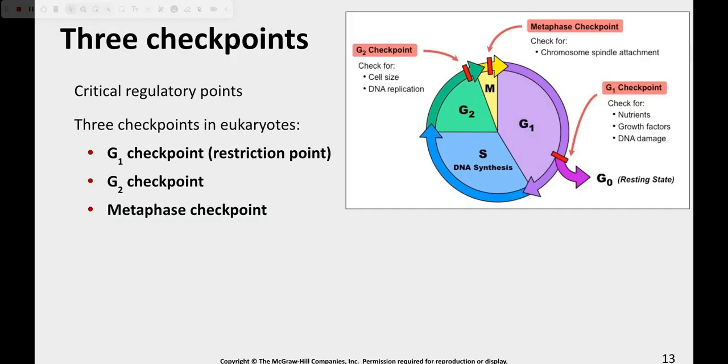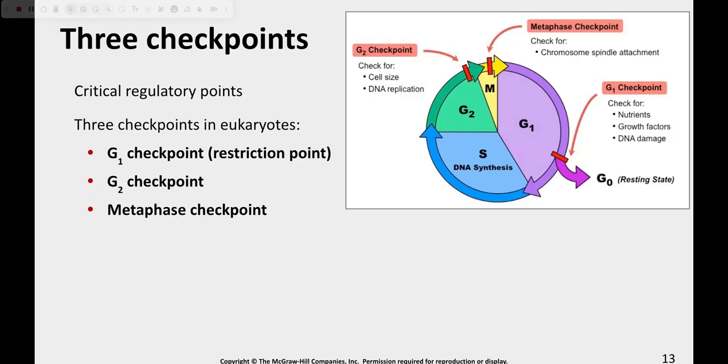So we're checking for correct DNA at this point. The G2 checkpoint, after DNA has replicated, is going to make sure that everything went well in DNA replication, that the DNA has replicated properly, with no major mistakes. And it's going to make sure that the cell is ready to divide. It has the proper cell size. It's grown enough.